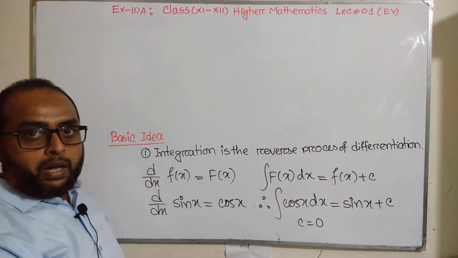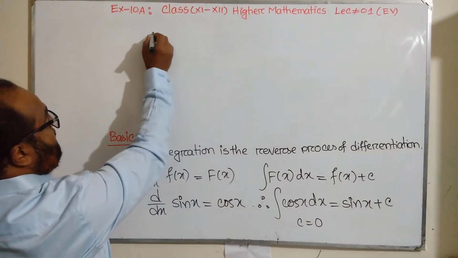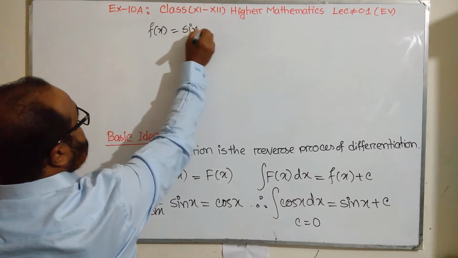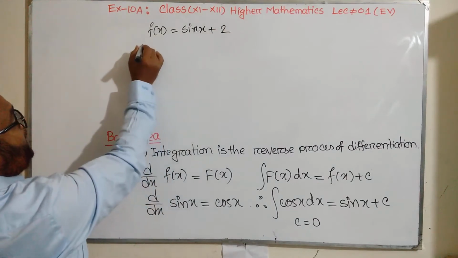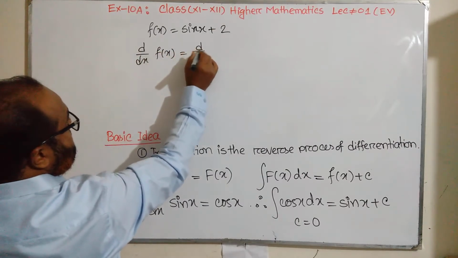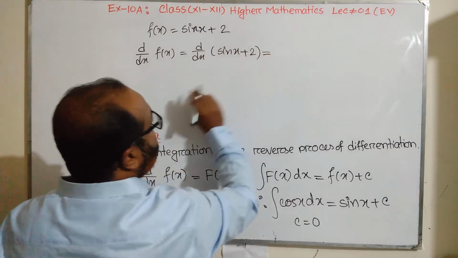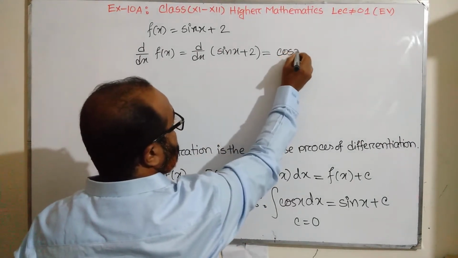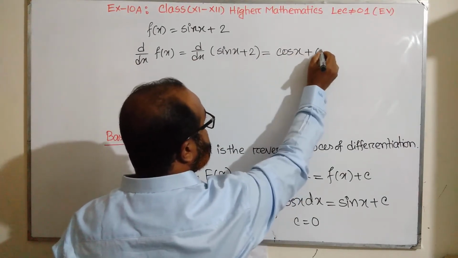Now I will give another example for the integral constant. If a function f(x) is sin x plus 2, then d/dx of f(x), that means d/dx of (sin x plus 2), equals d/dx of sin x, which is cos x, and d/dx of 2, that is a constant, the differentiation of any constant is 0.